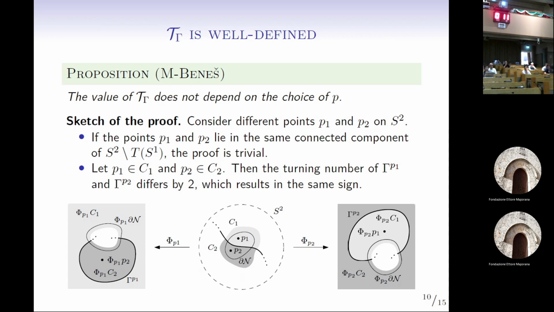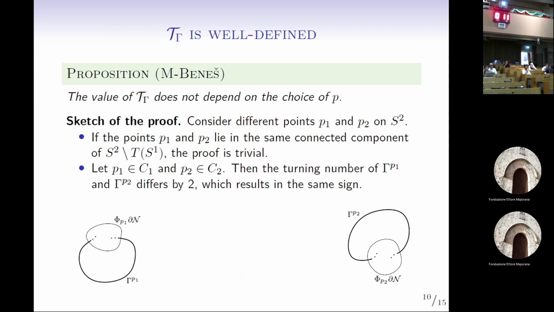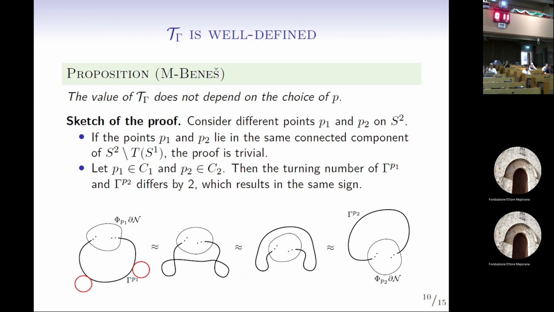So here, by the way, this white space inside is the rest of the sphere that's sort of inverted into this small space. Now we get these two curves, and whatever is inside here is regular homotopic to what's in here, but these two arcs are different. But fortunately, they change the turning number just by plus or minus 2.